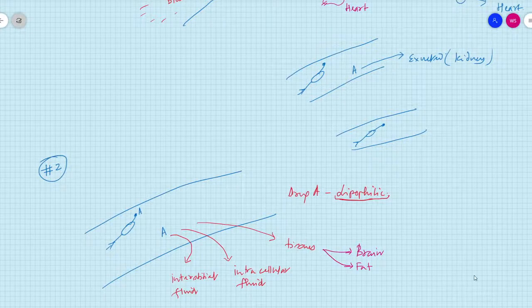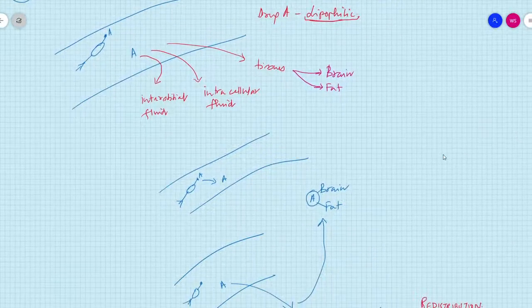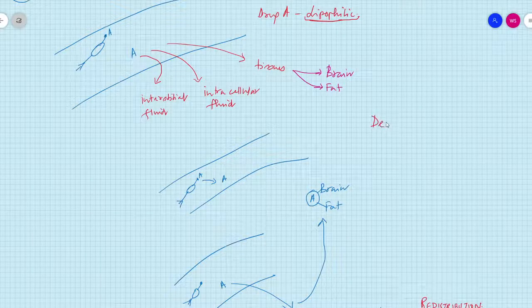Okay. So when the drug, in this case this lipophilic drug, binds to the brain and the fatty tissue, and it remains there, we call it a depot site. So what is a depot? A depot is somewhere where you store stuff, right?